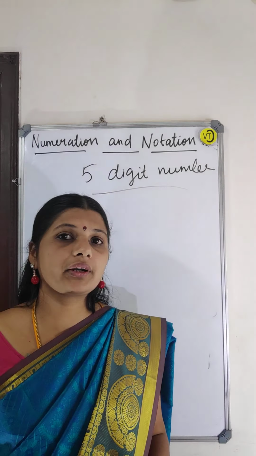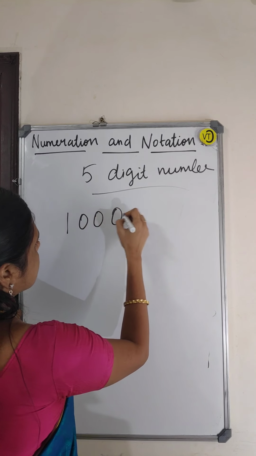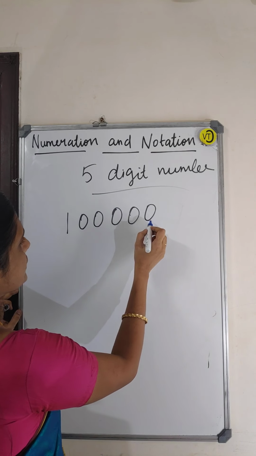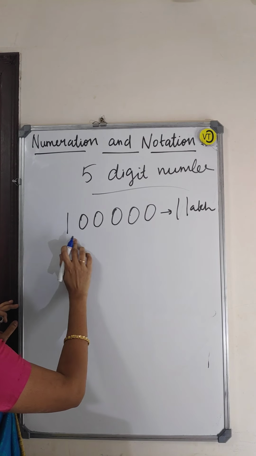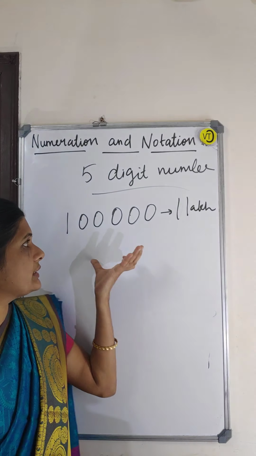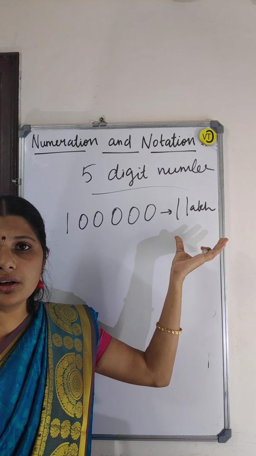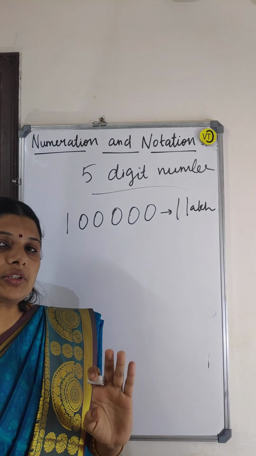And one more. What about lakhs? Lakh is having 5 zeros. It is 1 lakh. How many digits will a lakh have? 1, 2, 3, 4, 5, 6 digits it is. For 6 digits, what can we call it? We should not call it like 10,000 or 100,000. No, we should not call it like this.